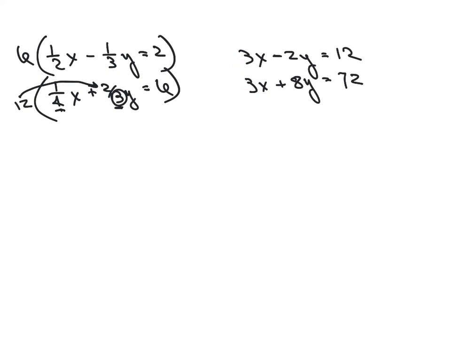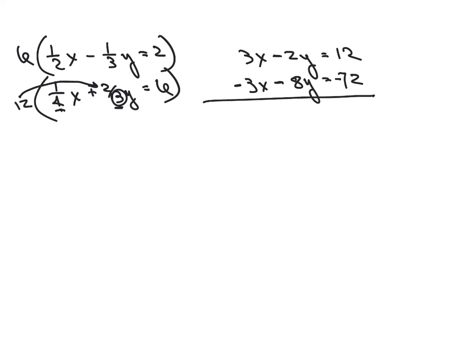Well, here's the cool part about this, as far as when you've got negatives like that: I am going to put a negative here, and I can do that only if that changes to a negative and that changes to a negative. So as long as I change the signs of everything, then I'm good to go.